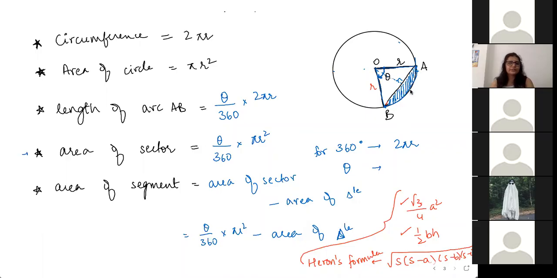And if you know all three sides, then you can use Heron's formula. Yeah, so that's basically it. Cool. So note down all of these formulae, and once you're done with this, then we can start with the questions.